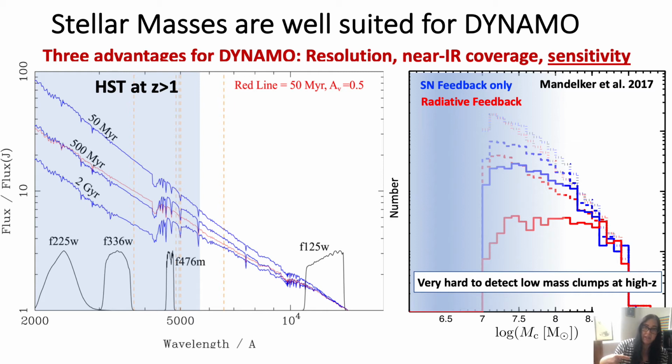What they argue is that it is those low mass clumps which tell the difference between the two different models, because if a clump is very large, even with the strong feedback, it's able to overcome that strong feedback. But it's the low mass clumps that get destroyed that never grow into the big, large clumps. And so we have access to that with DYNAMO.